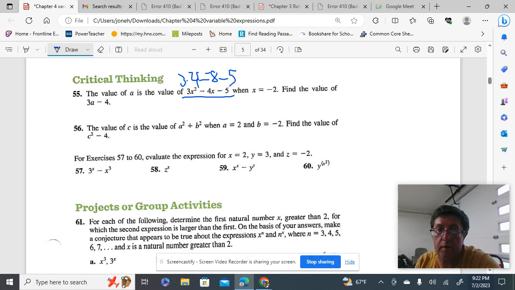So we go 3 times 4. Do this one right here, 3 times 4. Then we would do minus negative 8 minus 5, and you should get your answer.